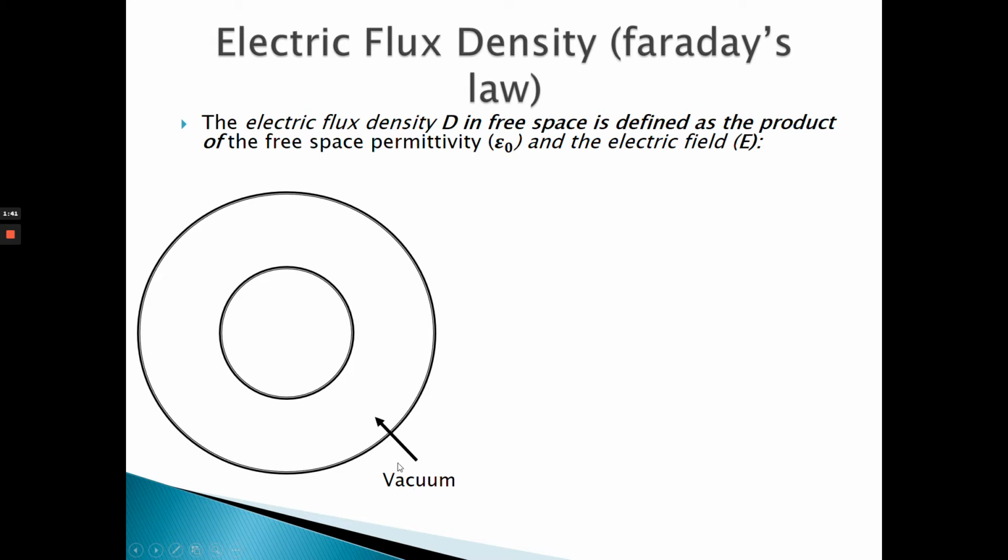He put one positive charge on the outer surface of the smaller sphere, and then he observed that the same amount of opposite charge was induced at the outer surface of the bigger sphere.